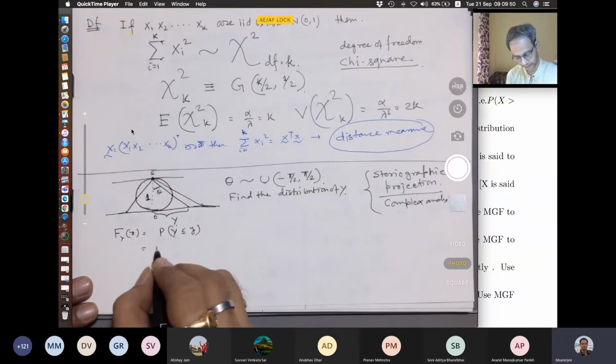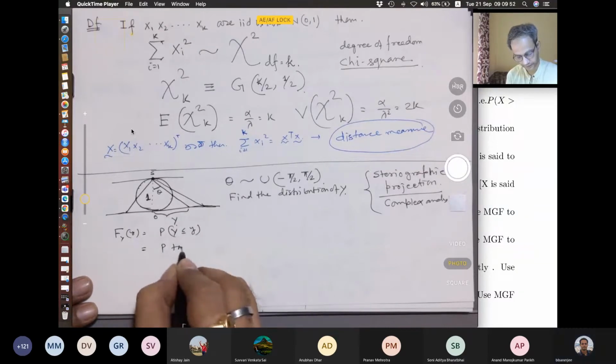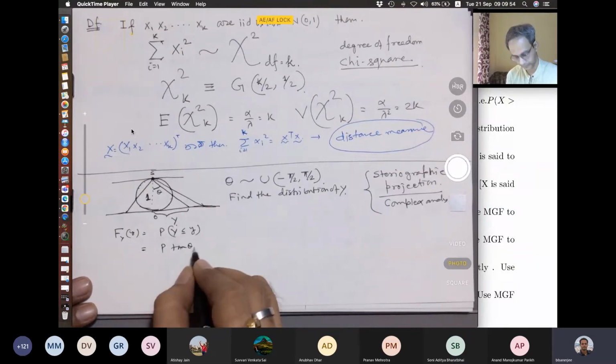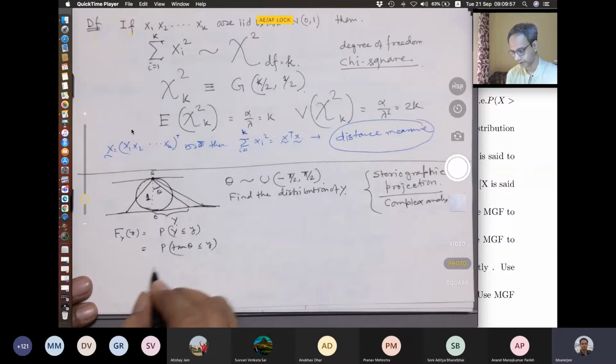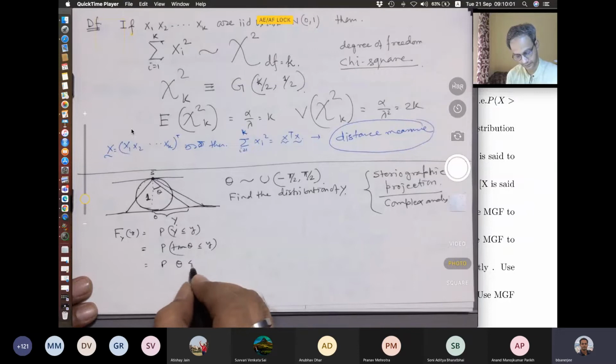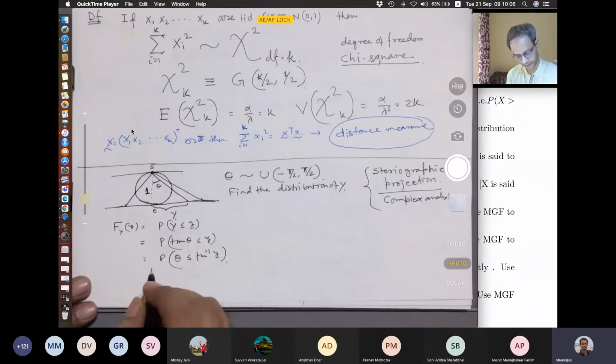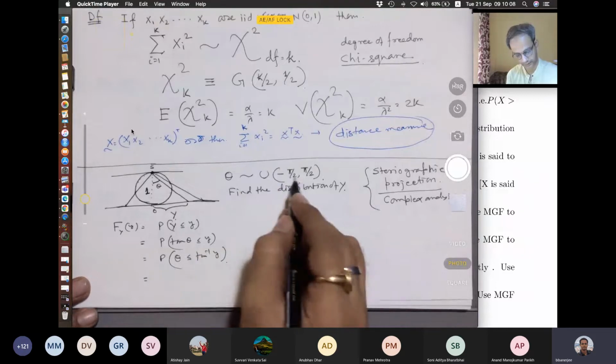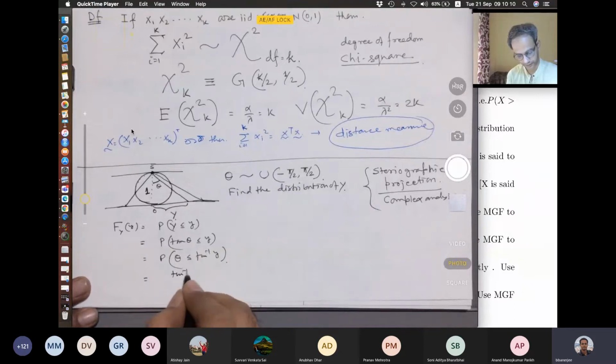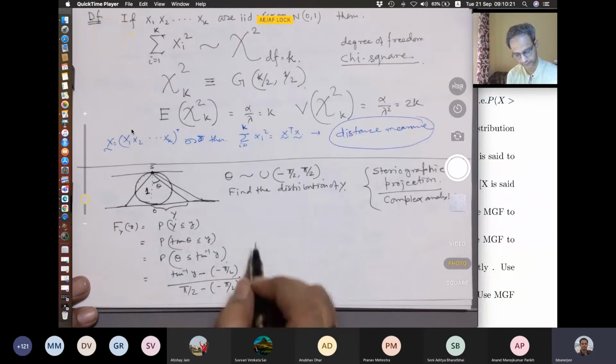Again, you can have probability tan theta less than or equal to y, that is, probability theta less than or equal to tan inverse y, with theta running from minus pi by 2 to plus pi by 2. So it is tan inverse y minus of minus pi by 2, over pi by 2 minus of minus pi by 2, from the definition of uniform distribution.